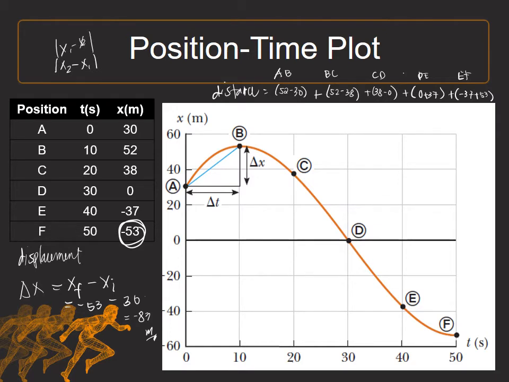So my trick here is that if you are looking for distance, just arrange the two positions in a way that you get a positive result, because this is always positive. So the order of positions here is not really important.